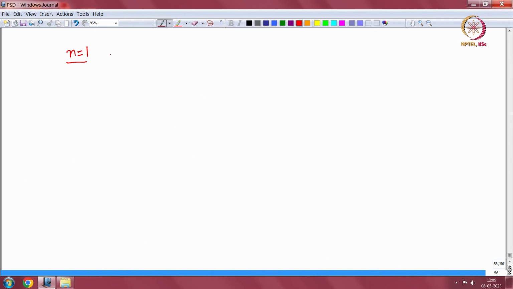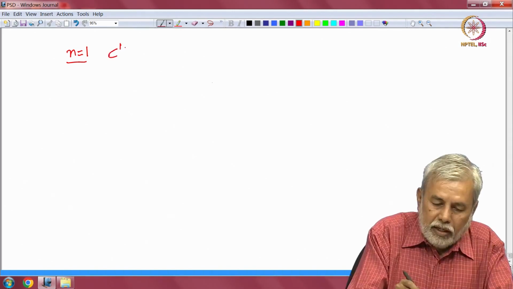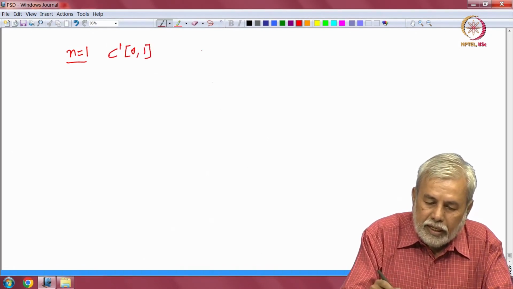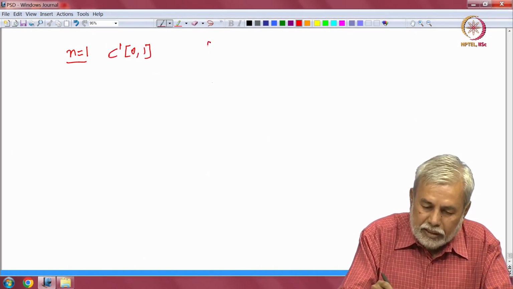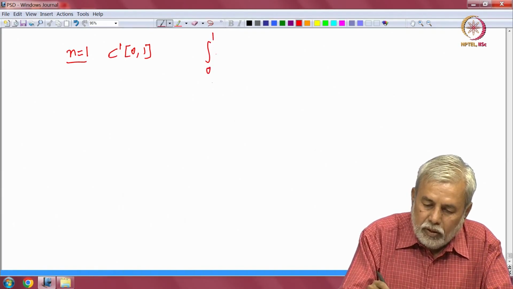Just take C^1 on this interval, and the Dirichlet integral in this case is the integral from 0 to 1 of u prime of x squared dx.